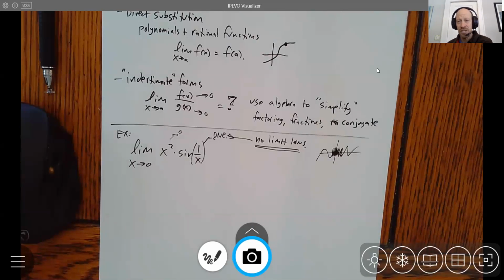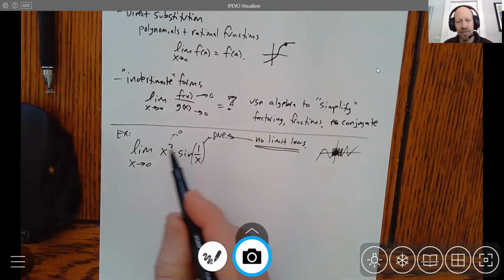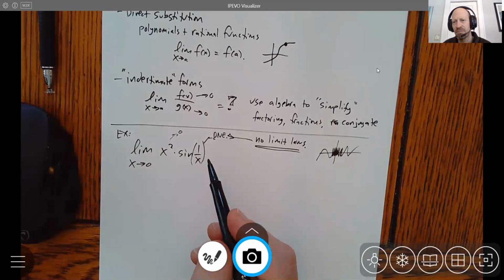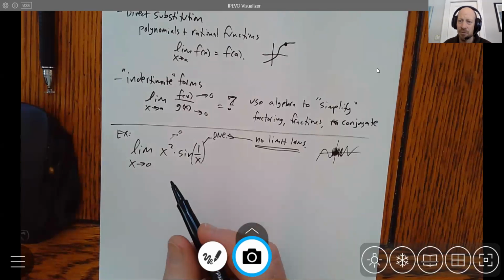Now, if we had used the suggestion earlier and we said, I don't know what to do, so I've got to try something, you could certainly start to plug in some numbers and see what happens, right? You could pick some values that are very close to 0 on either side. And what you'd find is that the x squared is still going to 0, and the sine of 1 over x sort of bounces around because it's going to be sometimes positive and sometimes negative.